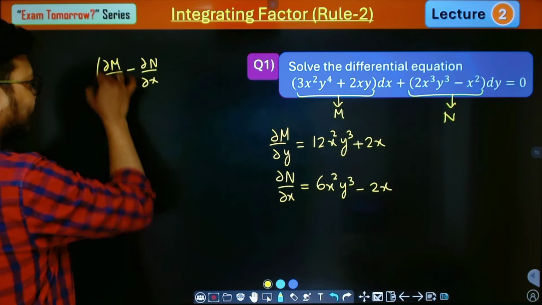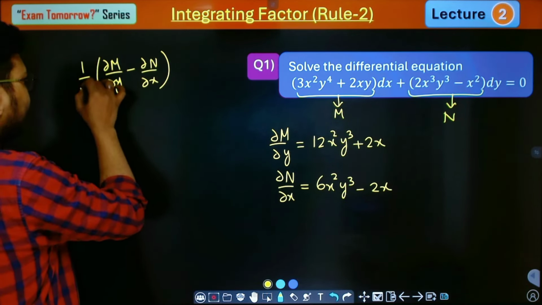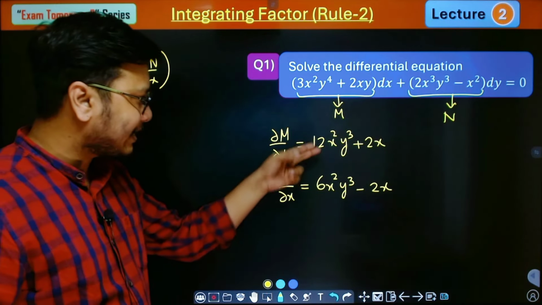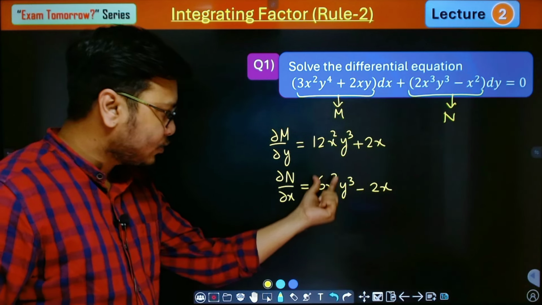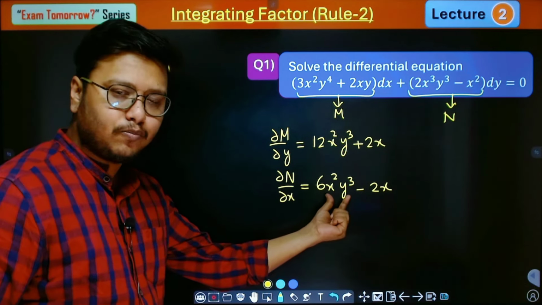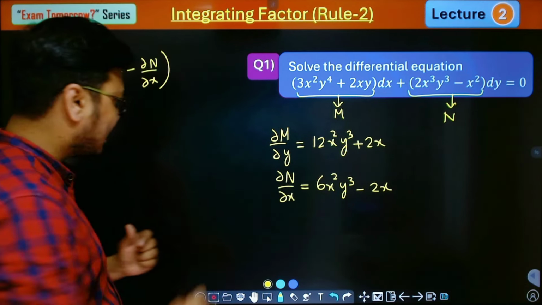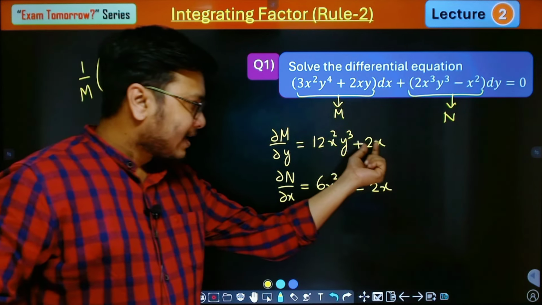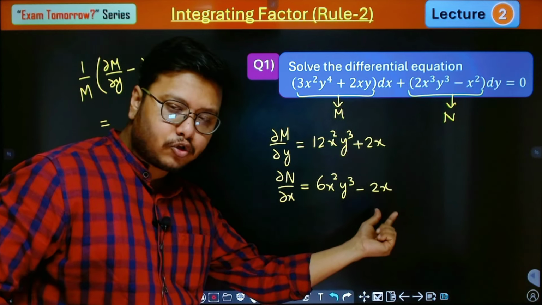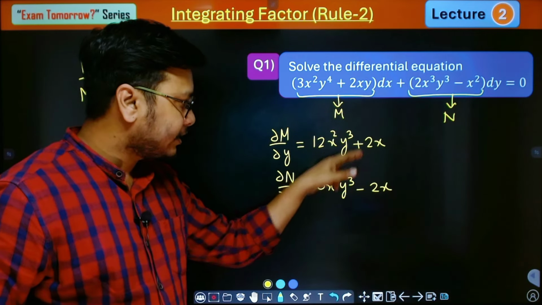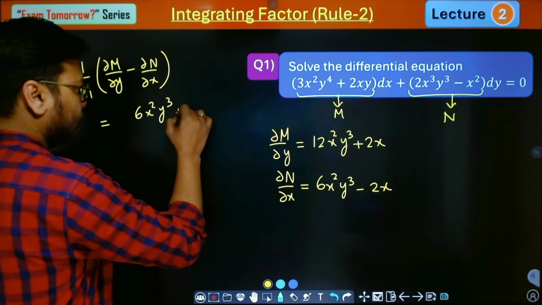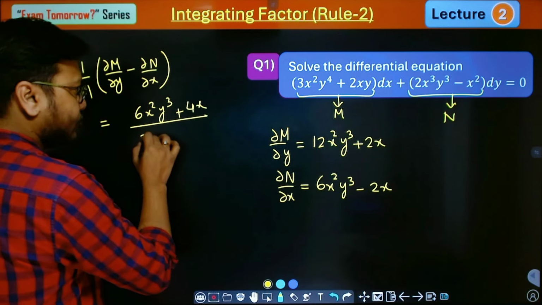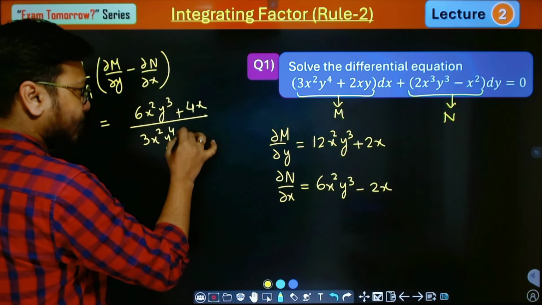If I do this subtraction and divide it by m, I'll do that directly. So 12x square y cube minus 6x square y cube, the subtraction of the first two terms, is 6x square y cube. 2x minus of minus 2x becomes addition, so 2x plus 2x becomes plus 4x, divided by m. M is this term, which is 3x square y to the power 4 plus 2xy.